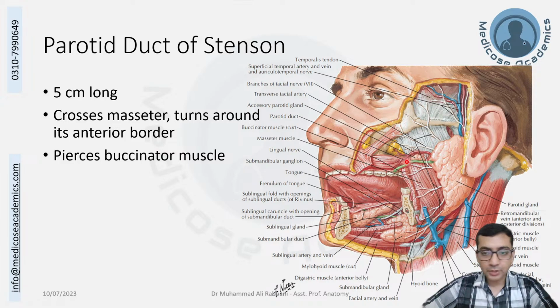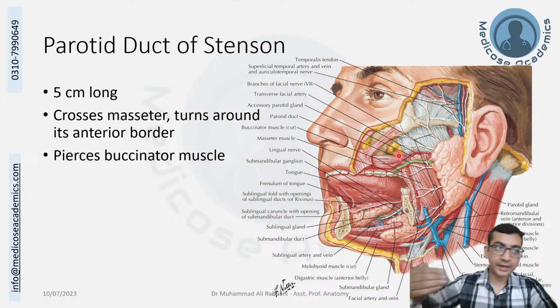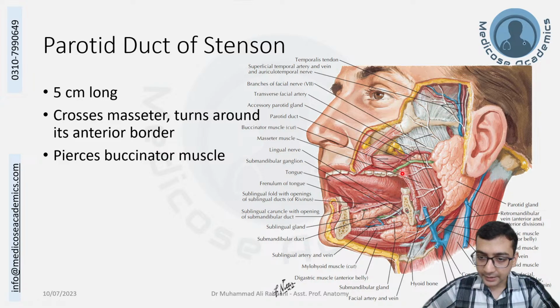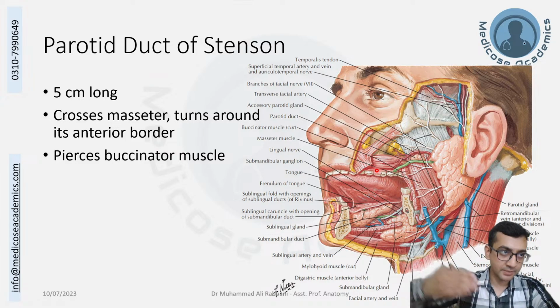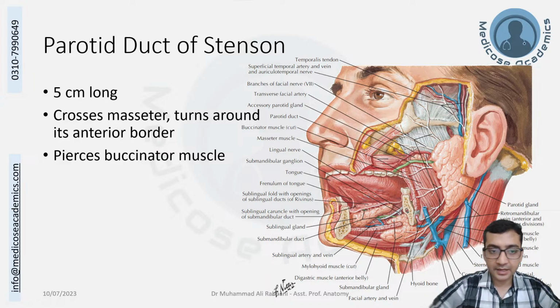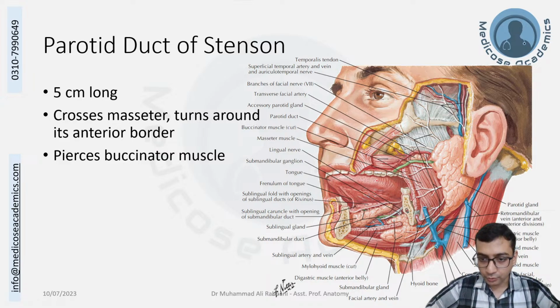Then, as it comes to the anterior margin of the masseter muscle, it turns inside and pierces the buccinator muscle, the cheek muscle. Here in Netter's picture, this part is shown, the curved cut. It crosses the masseter muscle, crosses the buccinator muscle obliquely, and it opens inside the second upper molar tooth.